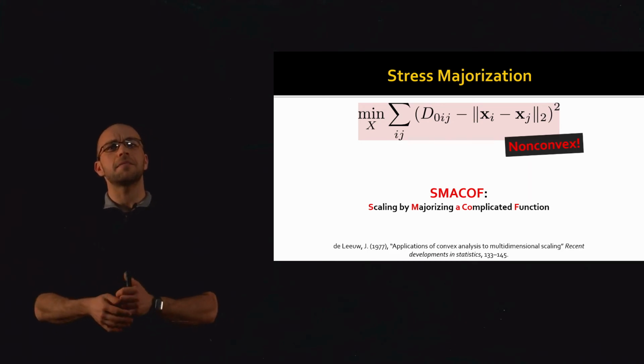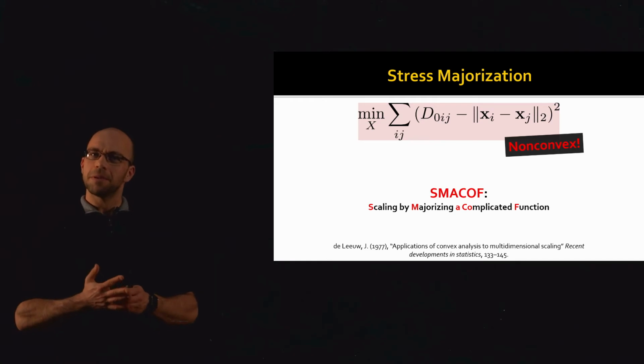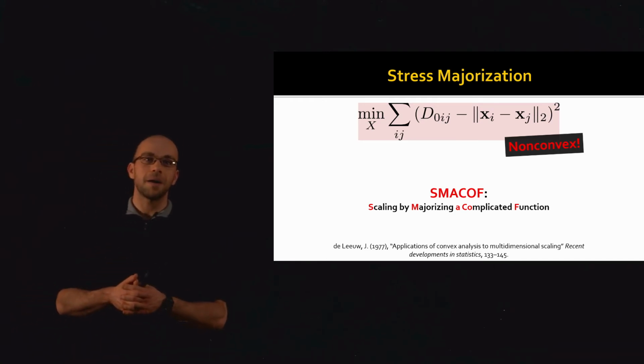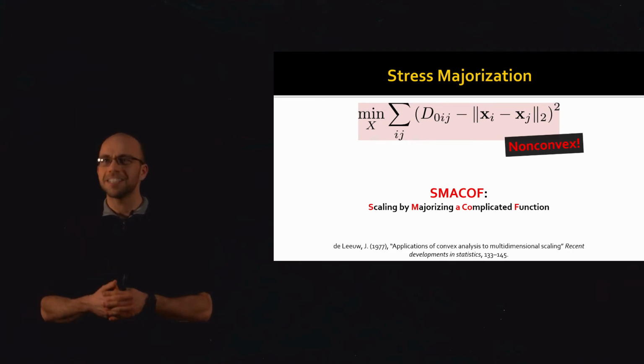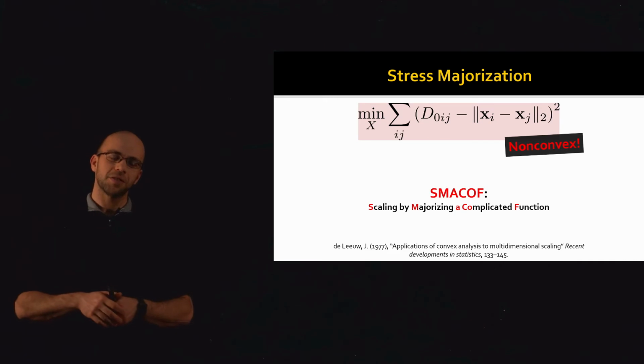But even though this optimization is non-convex and extracting its global optima might be quite difficult, it turns out there's a local optimization algorithm that's quite popular and extremely effective in practice that is also easy to implement. And that's what we're going to derive in lecture next.